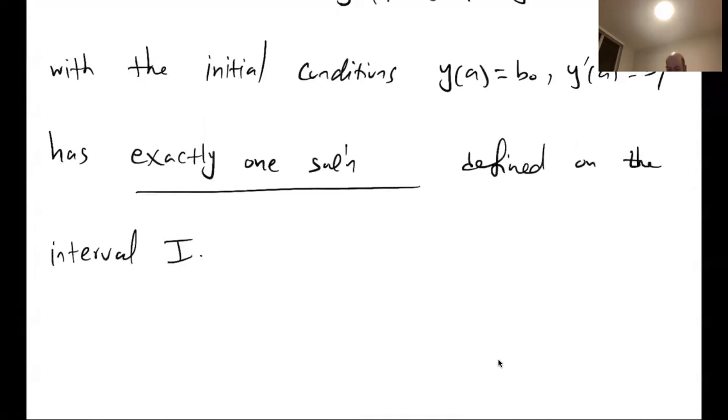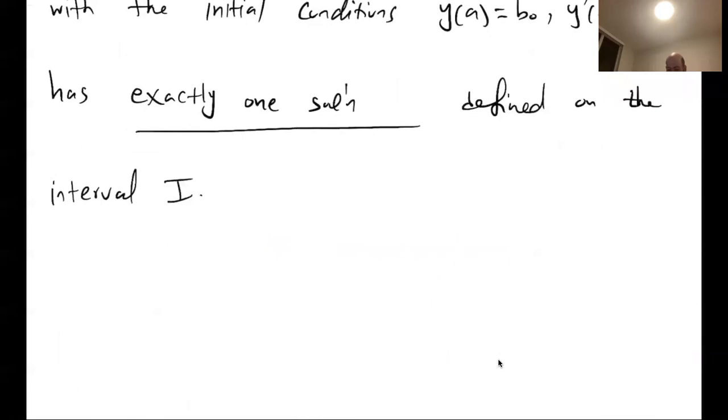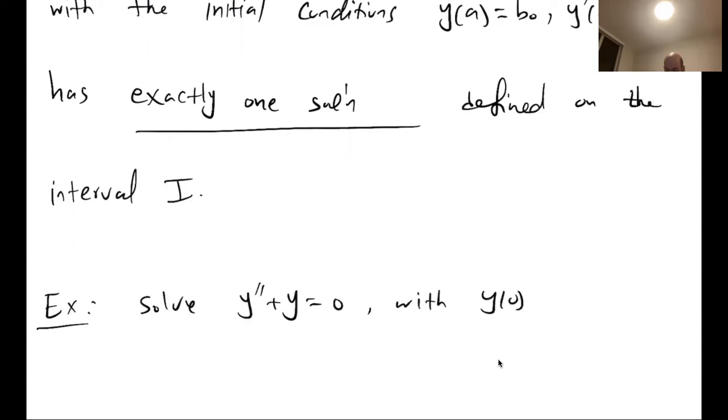So let's look at the example above. Solve y double prime plus y equals 0 with y of 0 equals y prime of 0 equals 1.